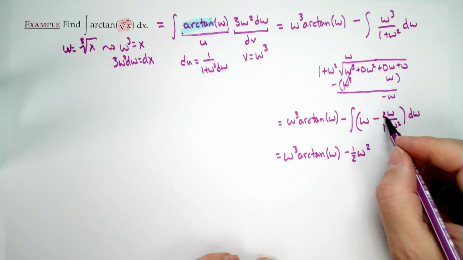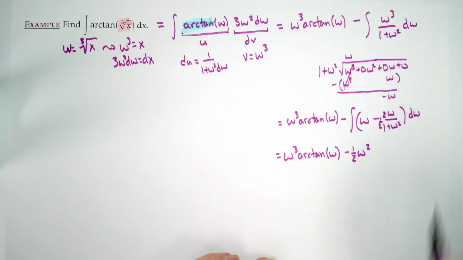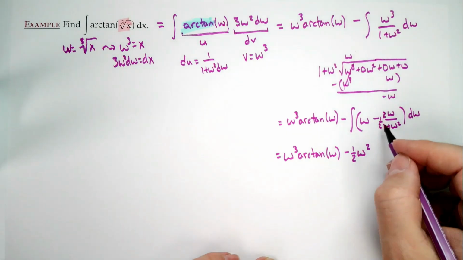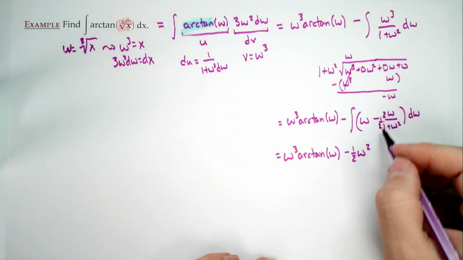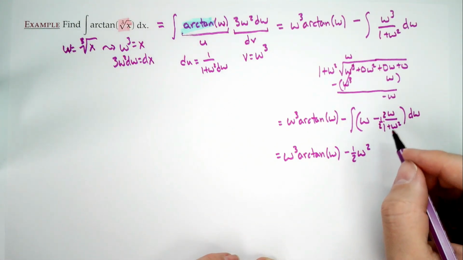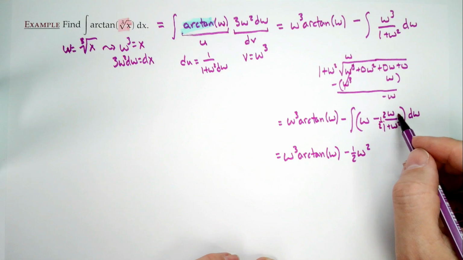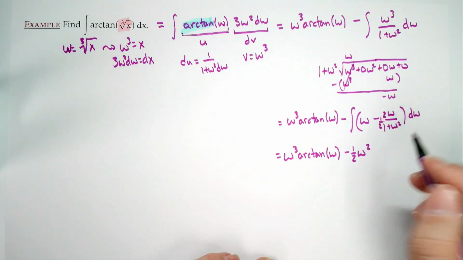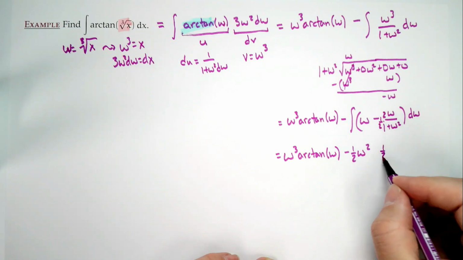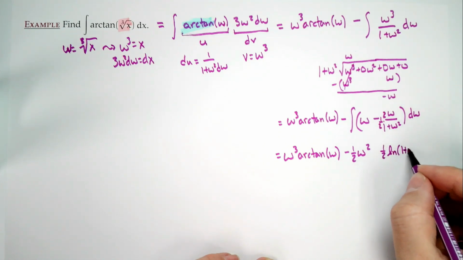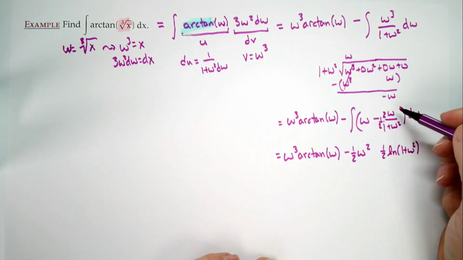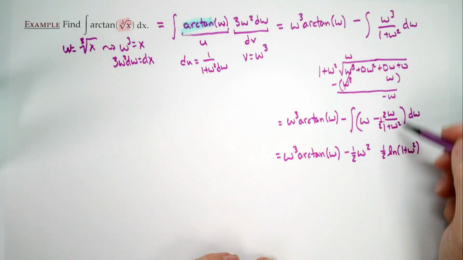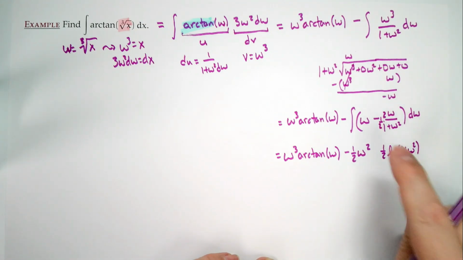So you can imagine if I put a 2 here and then a half in front, the net effect is 1. But now I have a d something over something. That means it's a log. So we get a half natural log of 1 plus w squared. So when you see a derivative over a function, the integral of that is a log.